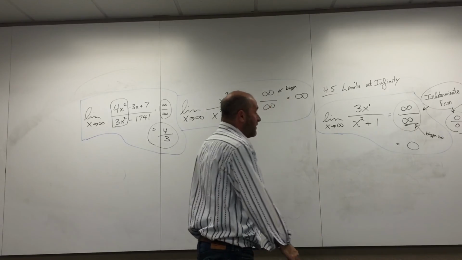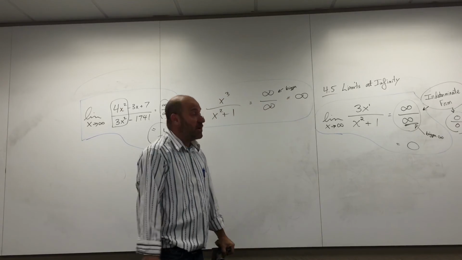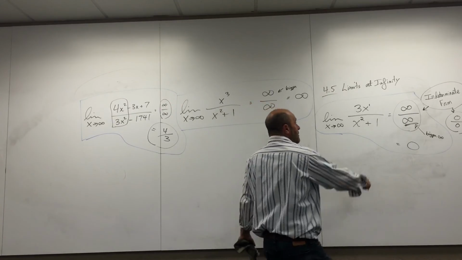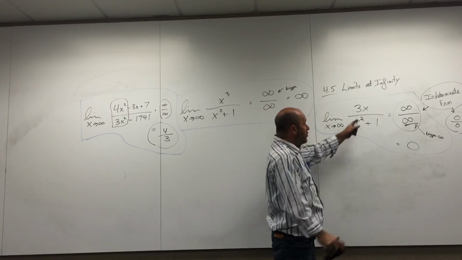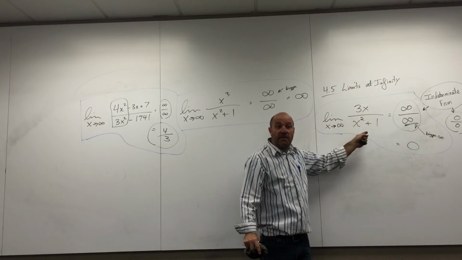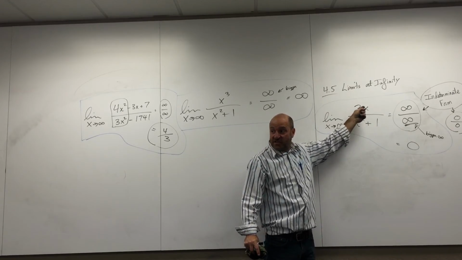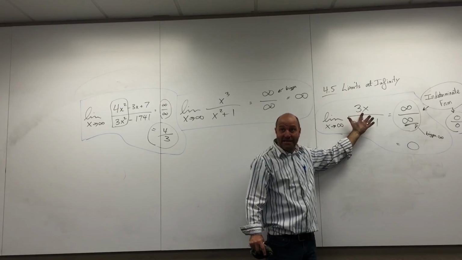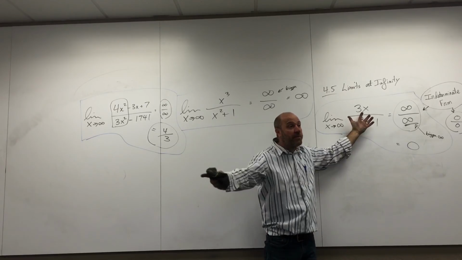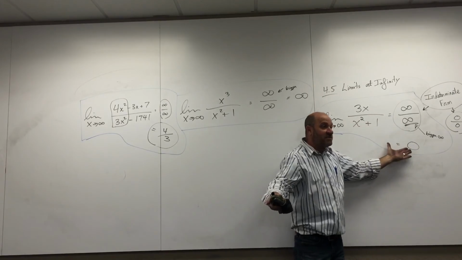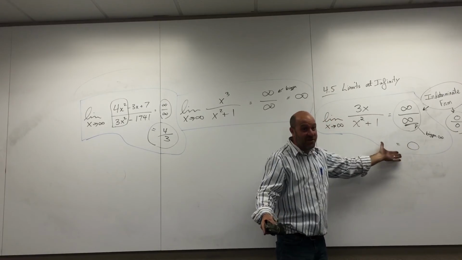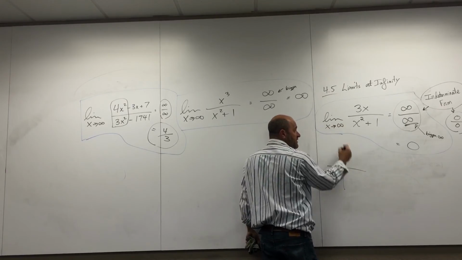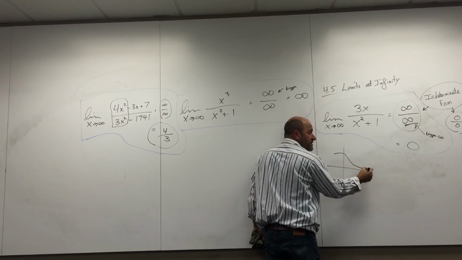Listen, the other day we talked about horizontal asymptotes. I didn't really totally write down all the rules, but maybe you recall that when the numerator is a lesser degree than the denominator, there's automatically a horizontal asymptote at y equals 0. That's why this function approaches 0. When x approaches infinity, this function is approaching 0.